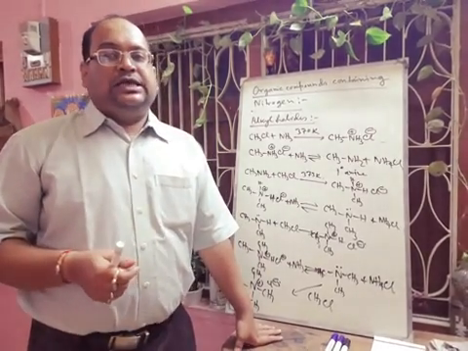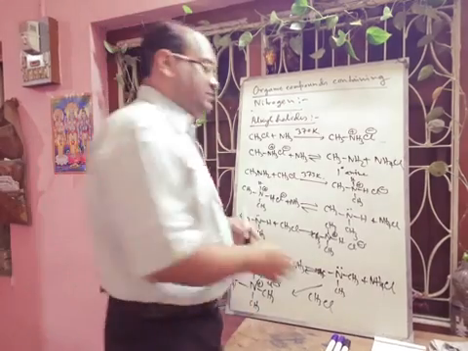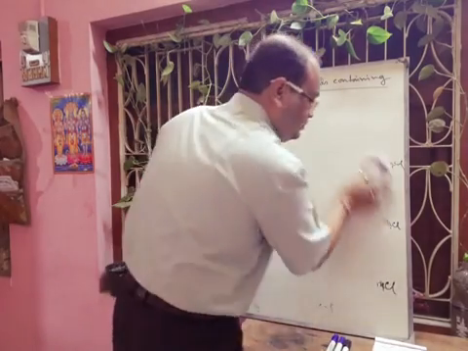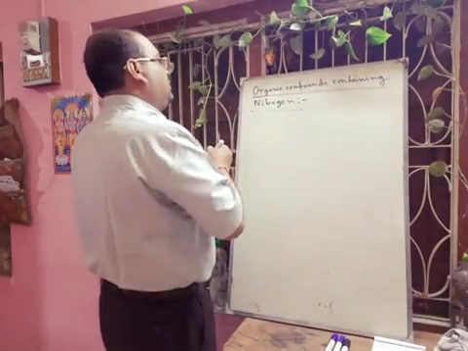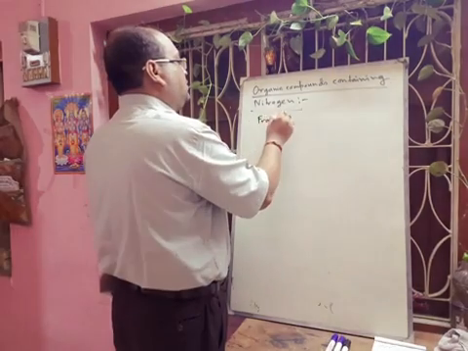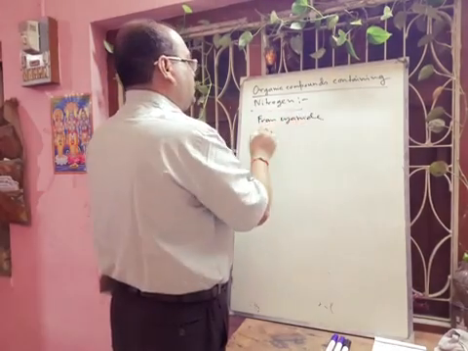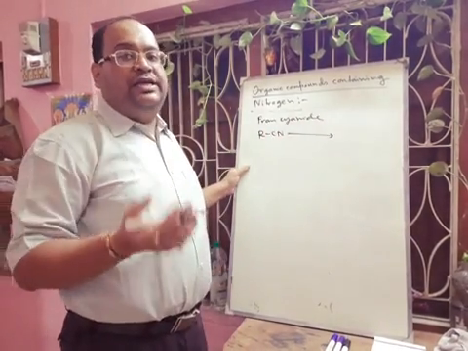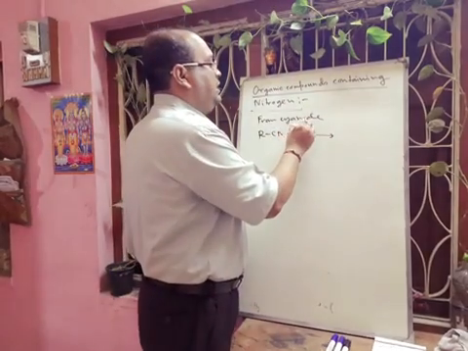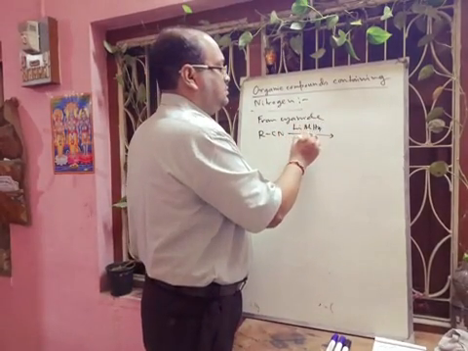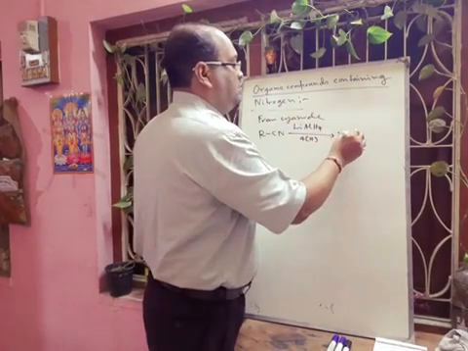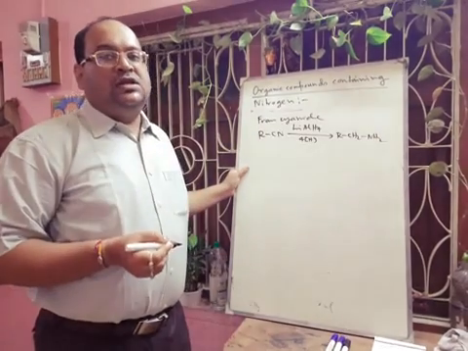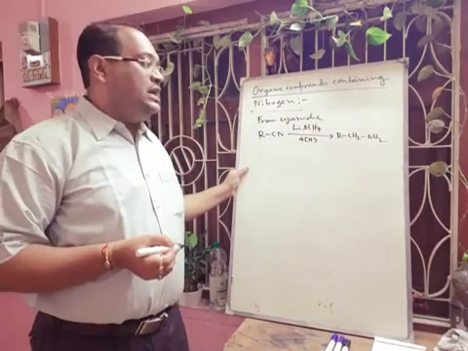Next we will discuss preparation of amine from cyanide. If we take RCN and add a reducing agent like lithium aluminum hydride, it will form the corresponding primary amine. So in this way we can get the 1 degree amine.